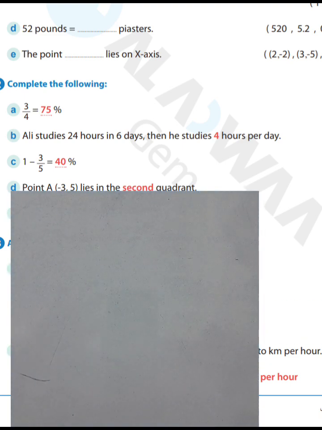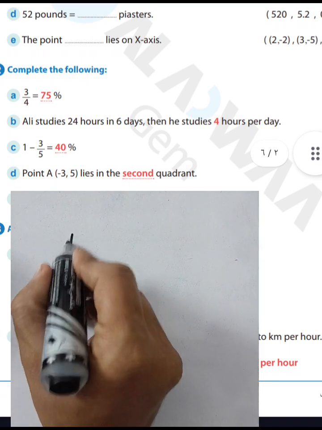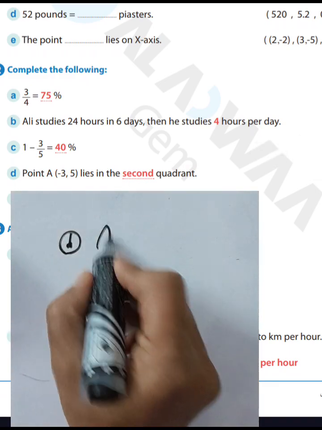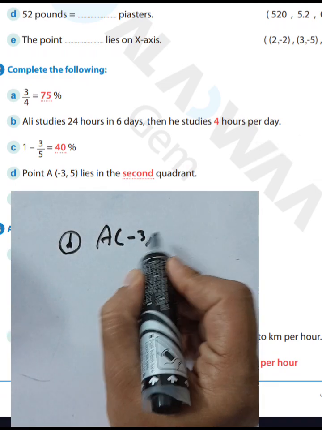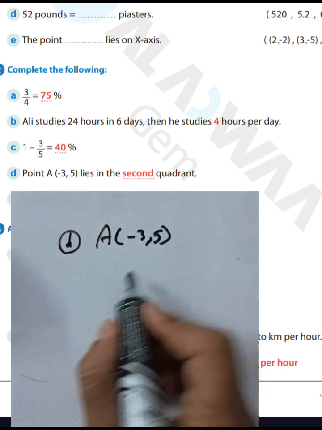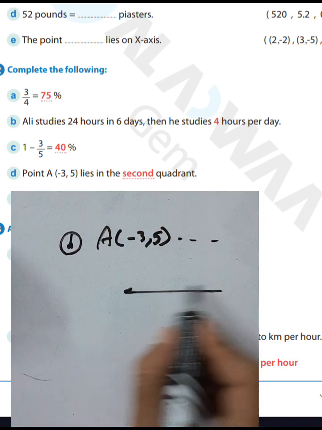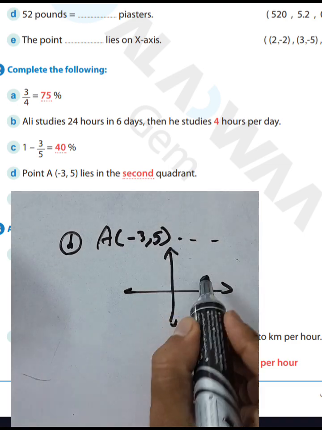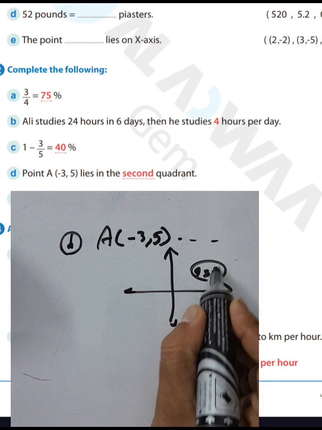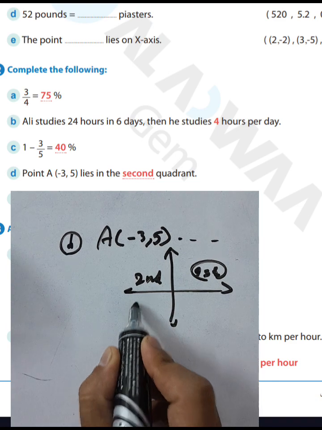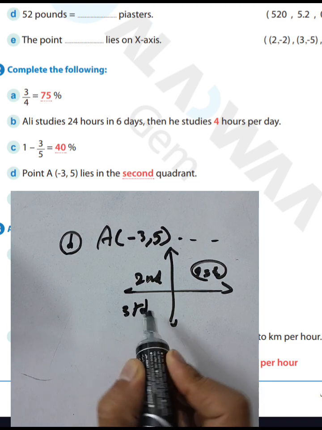Okay. Question letter D. The point A of the order (-3, 5) lies in the space quadrant. Look with me at the order here. First, we have the first quadrant, second, third, fourth.